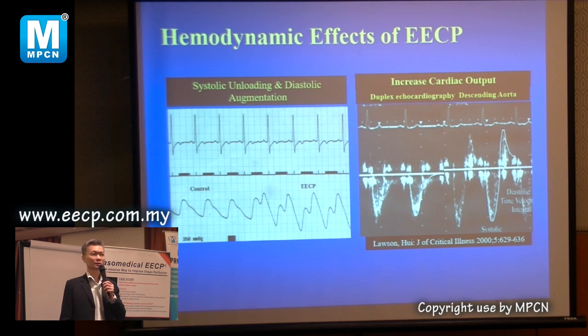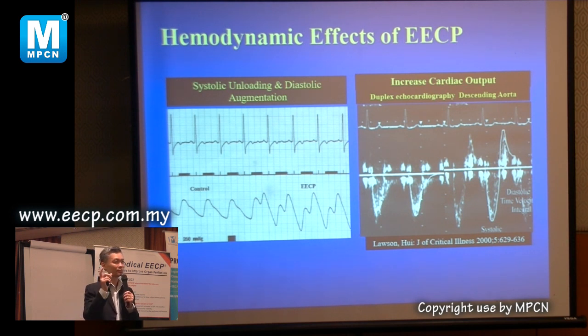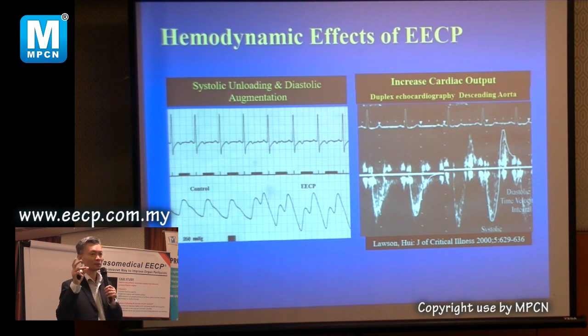You can do it in the sports center, I mean the ministry, but the nuclear scan is much better. The nuclear scan is a very objective one, and the study shows very impressive results, but the number of patients is very small. It shows that those people with a lot of ischemia, not enough blood to the heart, after they do ECP, the flow improves by at least 50 to 60%, which is sometimes more than our operation can achieve.